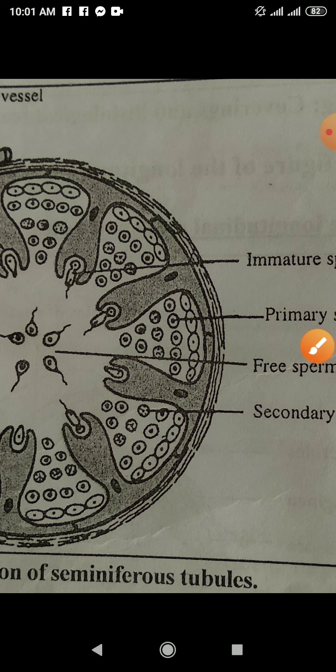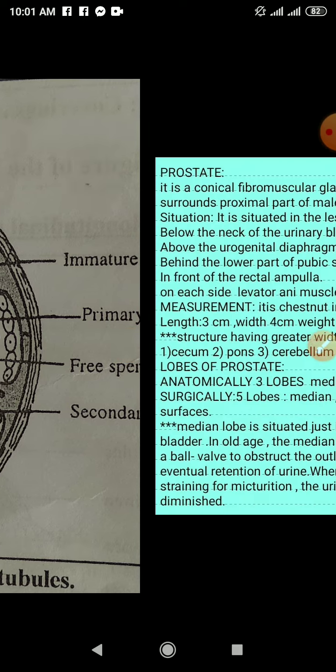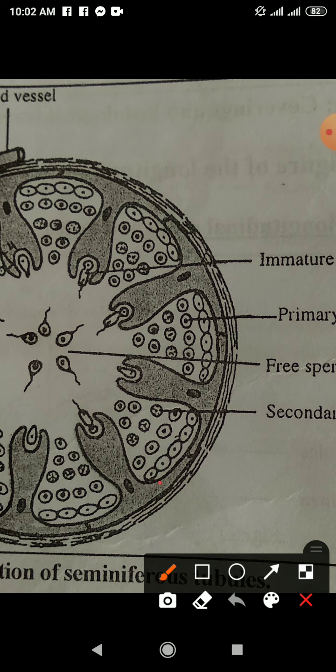And look at that. Two adjacent Sertoli cells are connected to each other by a tight junction, and this tight junction ultimately forms the blood testis barrier. So what is this? The blood testis barrier is a barrier between the testis and the blood.